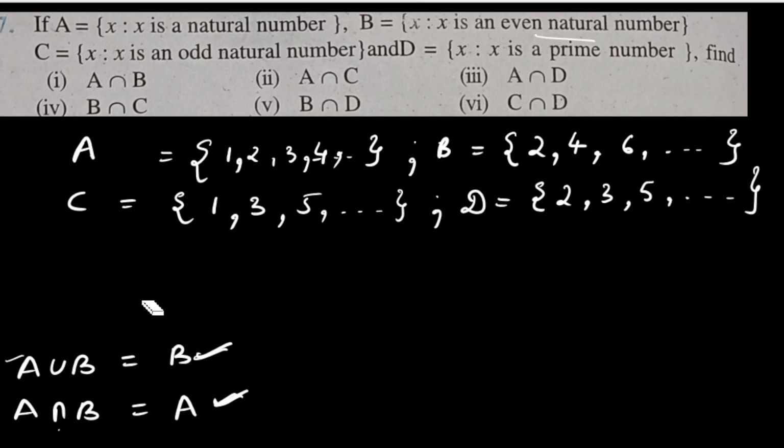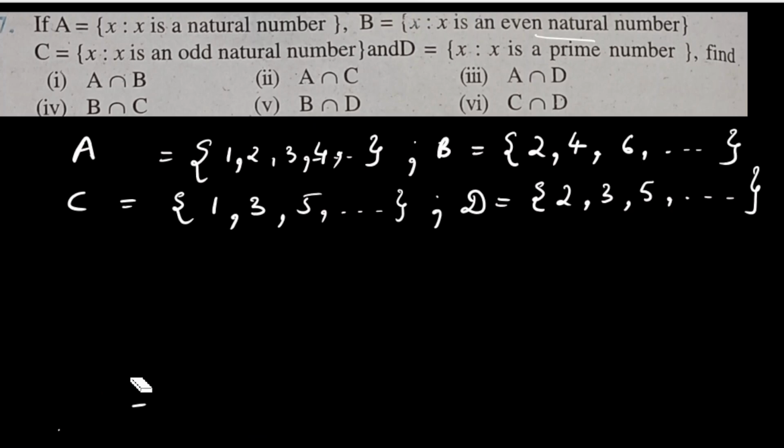Set builder form we can also write, no issues with that. Let me write it so that it is easy for you to understand. So the first one is A intersection B. I have explained B is a subset of A, and when we are doing intersection, the answer will always be a subset.